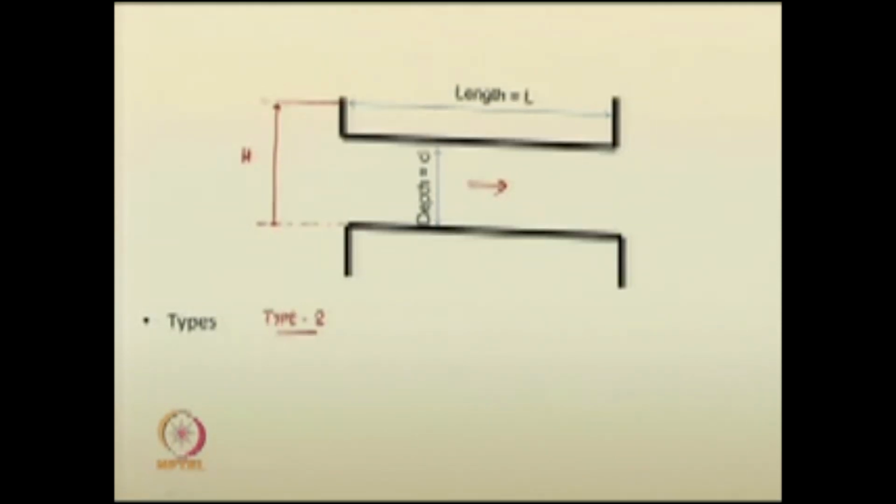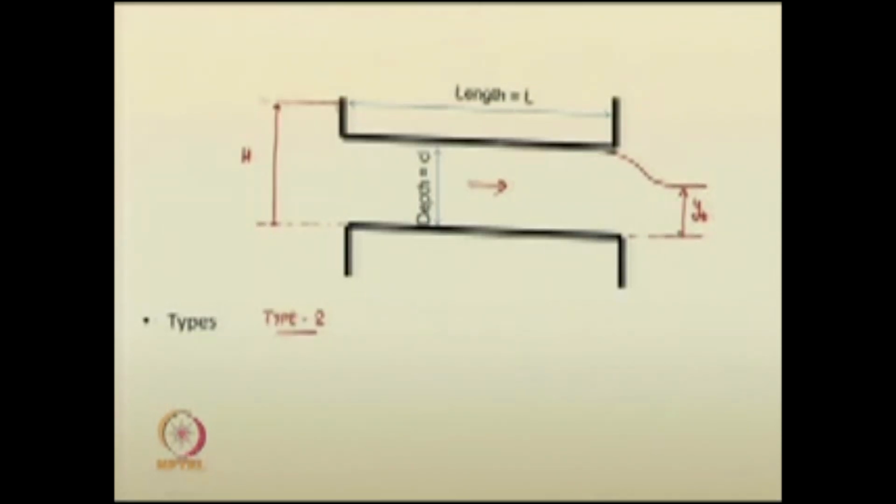Here the tailwater depth, we suggest that the water flow is occurring like this, and from here the tailwater depth is this much. Let us assume that this is the tailwater depth and the flow profile is in this form.